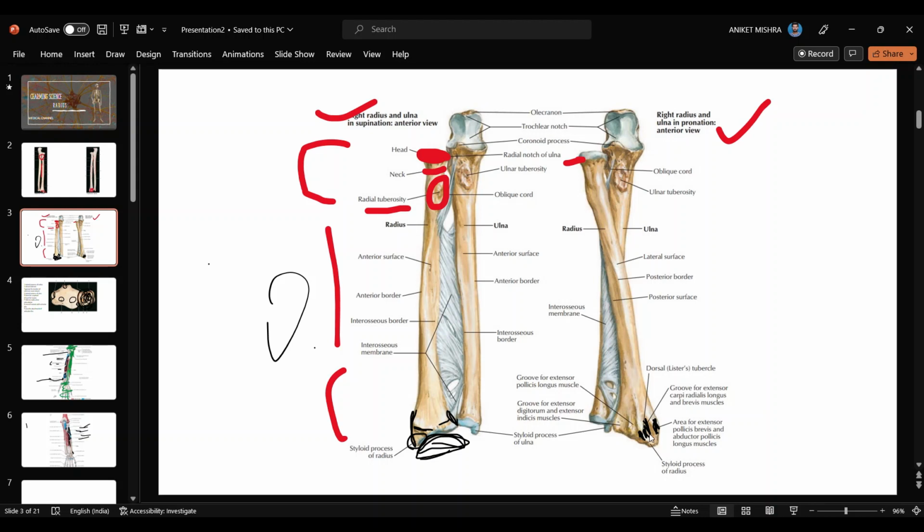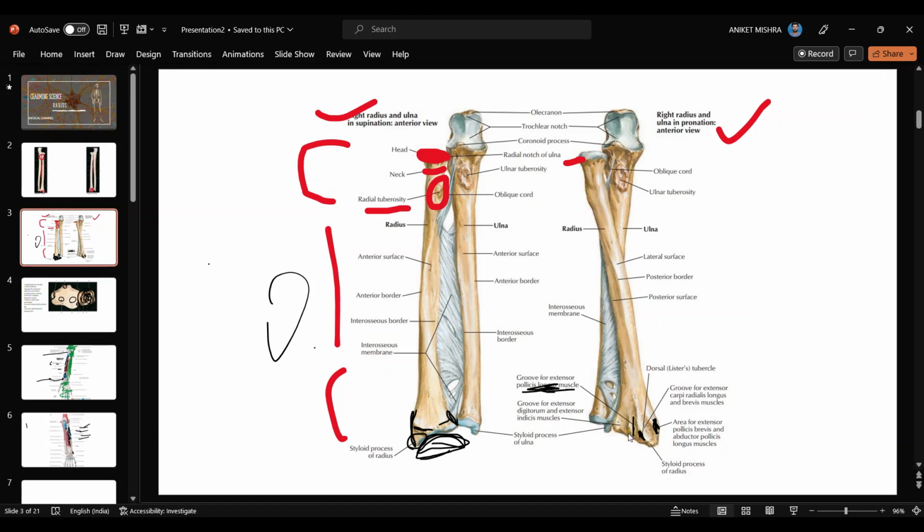The third oblique groove is medial to the dorsal tubercle. So this is the dorsal tubercle, and medial to it, the third groove provides the way for the extensor pollicis longus muscle.